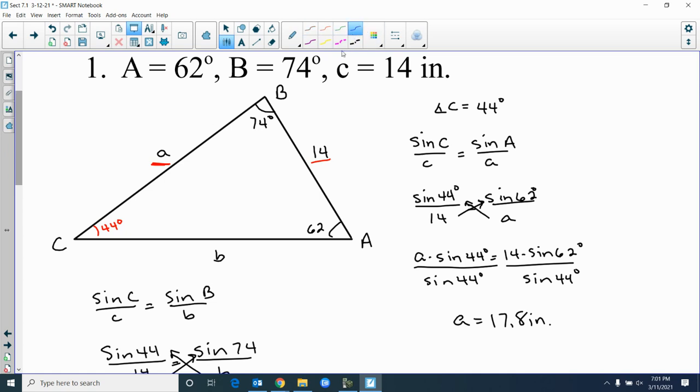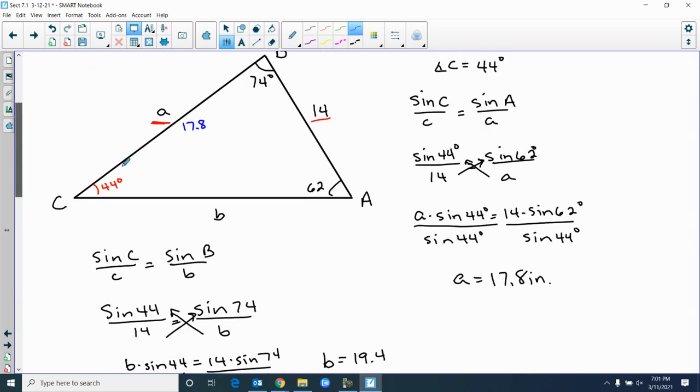Just to double check, remember from geometry, we said A was 17.8 and we found B to be 19.4. In geometry, the side across from the biggest angle has to be the biggest side, and the side across from the smallest angle has to be the smallest side. The sides are going to be proportional to the size of the angles.